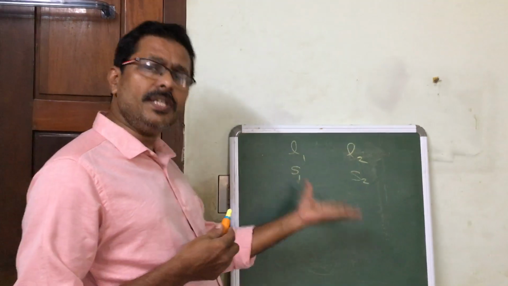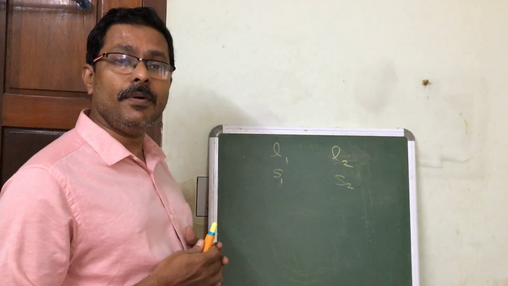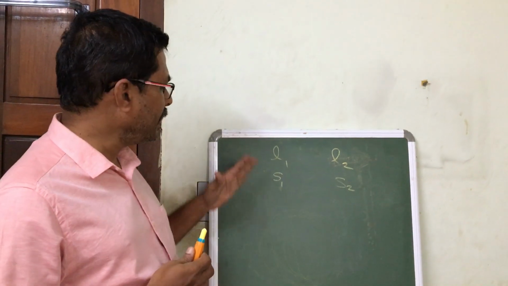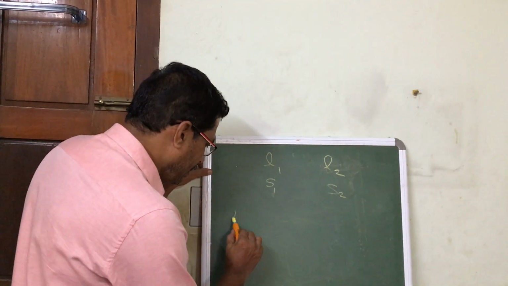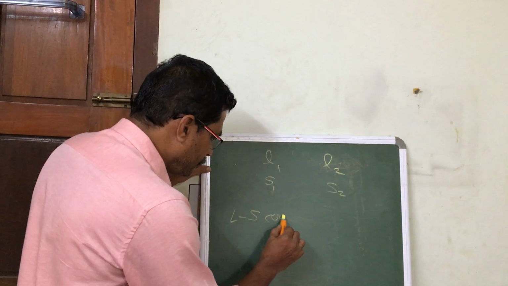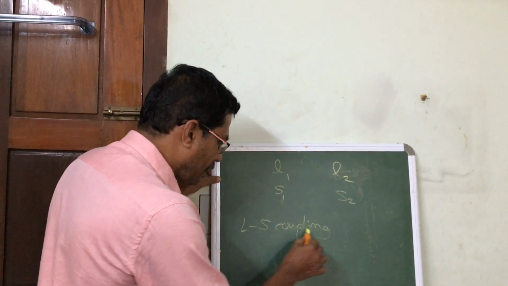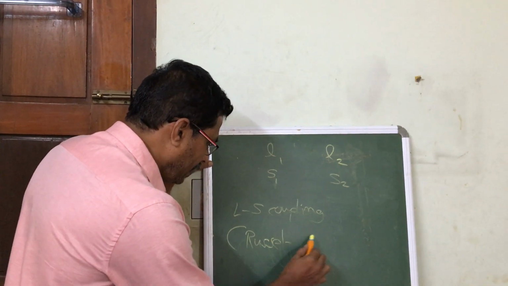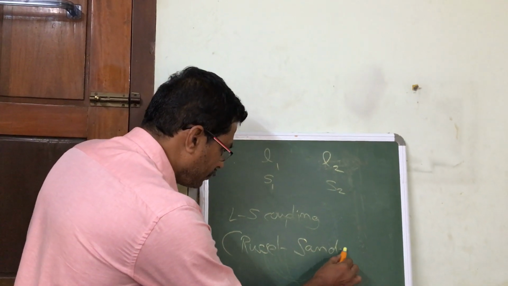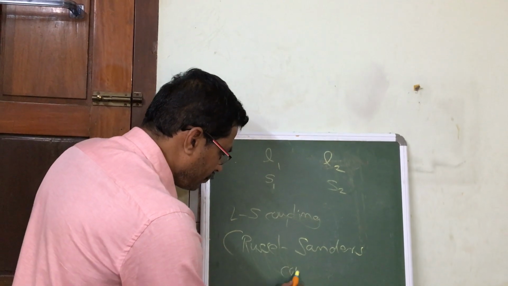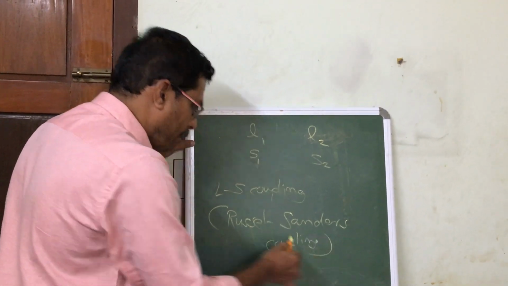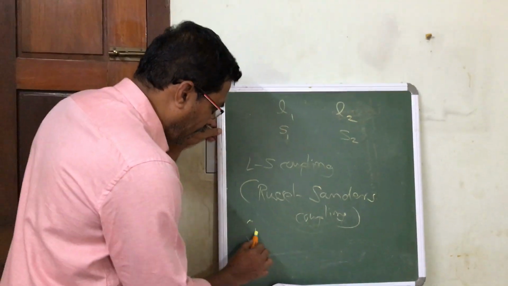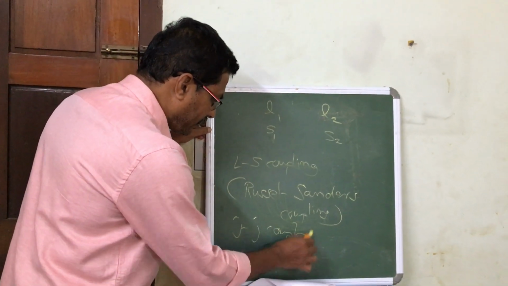In this case, we have to apply two coupling schemes. They are known as the LS coupling, or the Russell-Saunders coupling, and sometimes it is known as RS coupling, and also you have JJ coupling.